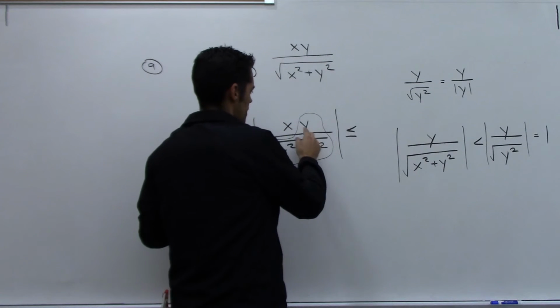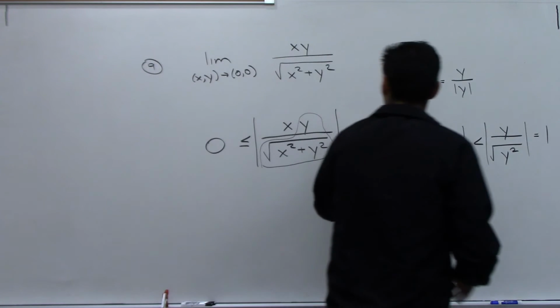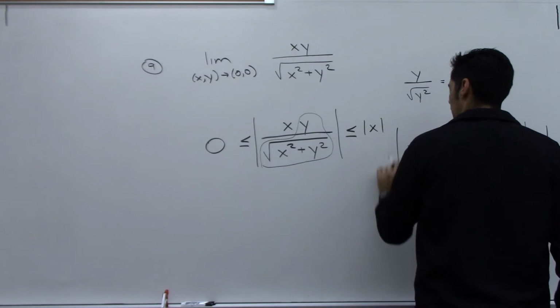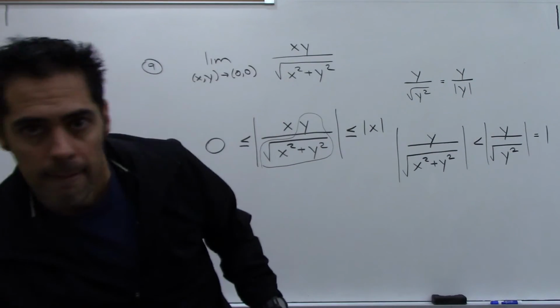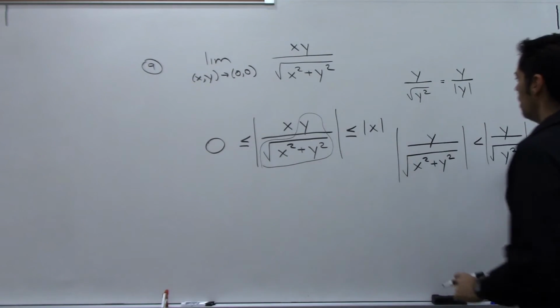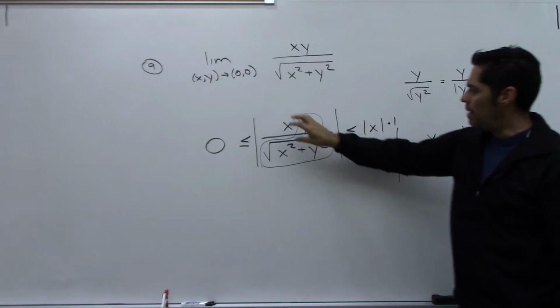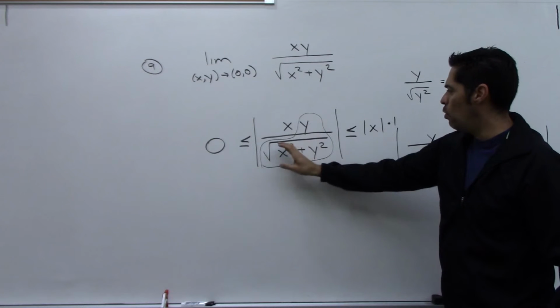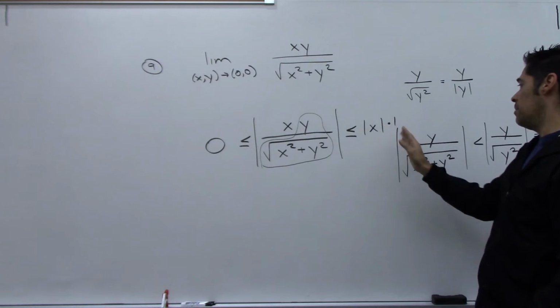So x times something less than 1 must be smaller than just the absolute value of x times 1. So the absolute value of x times something smaller than 1, which we're saying right here, must be less than or equal to the absolute value of x times 1.